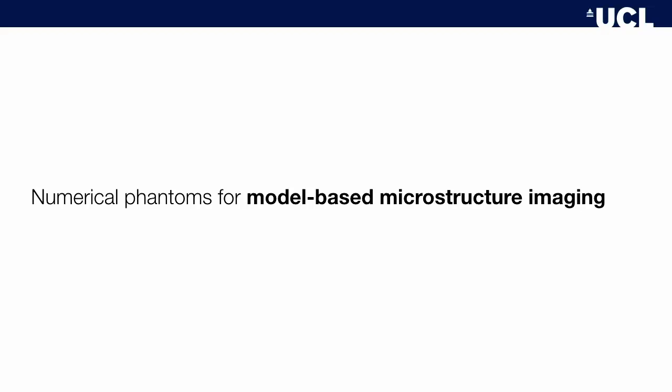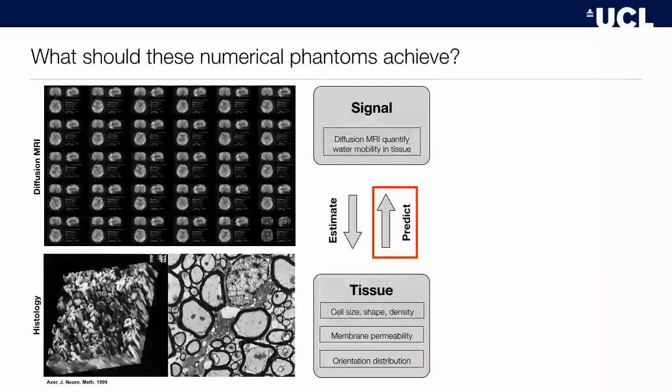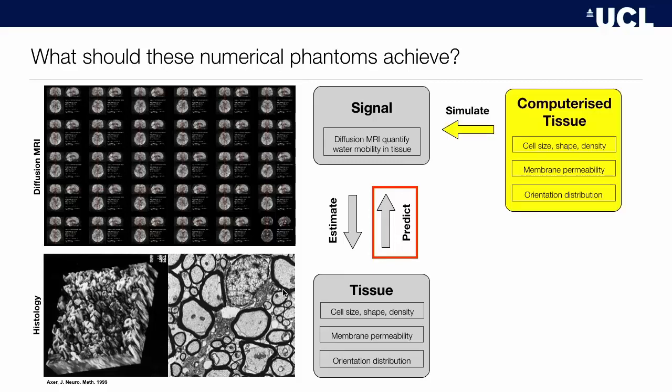Okay, so let me start with model-based microstructure imaging, and how we can use numerical phantoms to tackle these problems. Going back to this figure again, this is the object of interest. So what should the phantom design do? In my view, what we need is to design a computerized tissue in place of the physical tissue, for which we can prescribe precise properties of cell size, shape, density, or permeability if you're interested in that, as well as orientation distribution, and use a very accurate, or as accurate as possible, mathematical formulation to simulate the signal, such as the tools that everyone talks about.